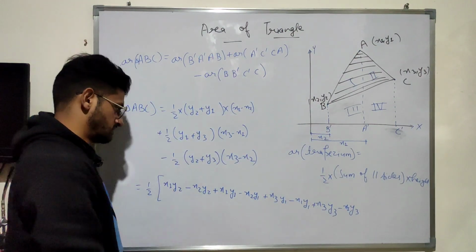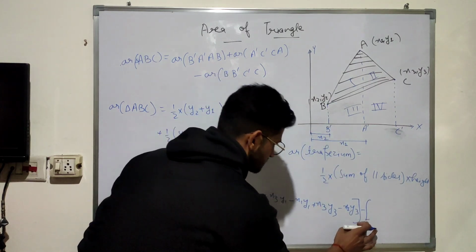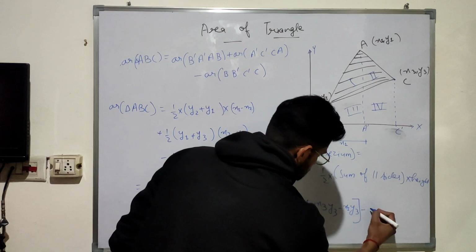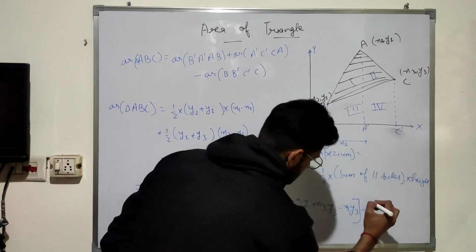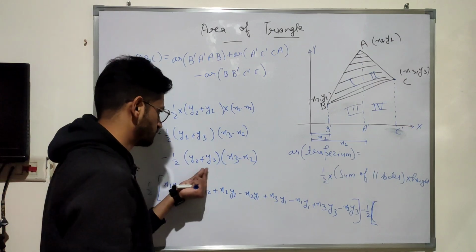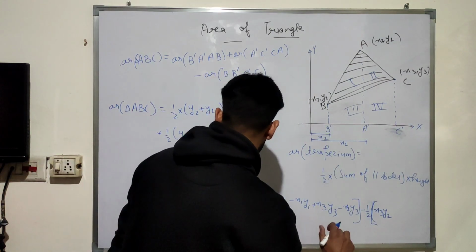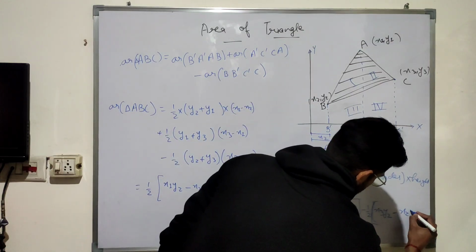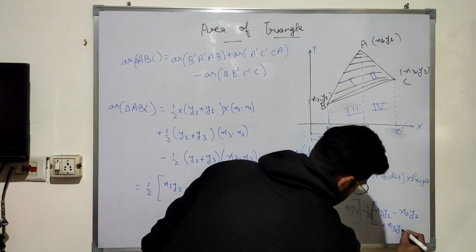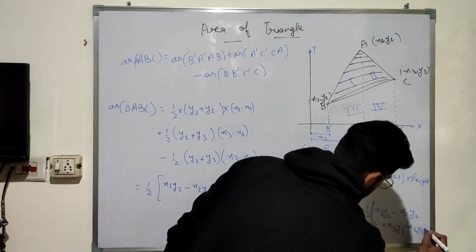From the third portion, let's keep it in the second bracket, minus half of x3y2 minus x2y2 plus x3y3 minus x2y3.